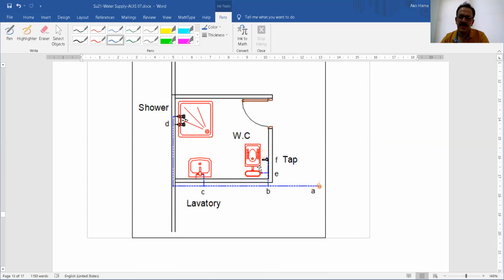Tap water means a sink tap. From A to B there will be a load for this shower, this lavatory, and this water closet, while from B to F it is only for the water closet and the faucet, the tap. For this C, we have only this.